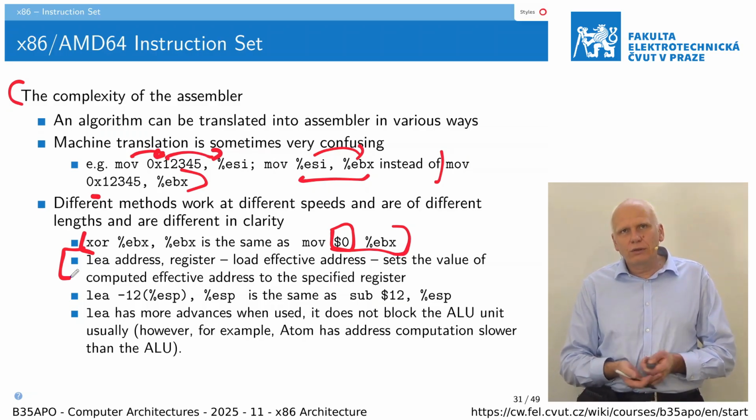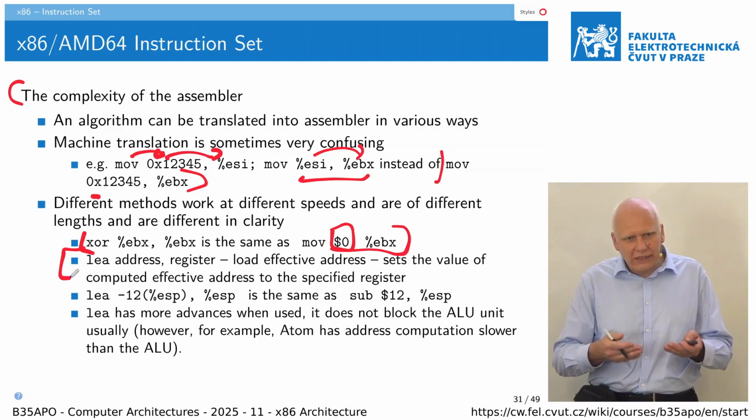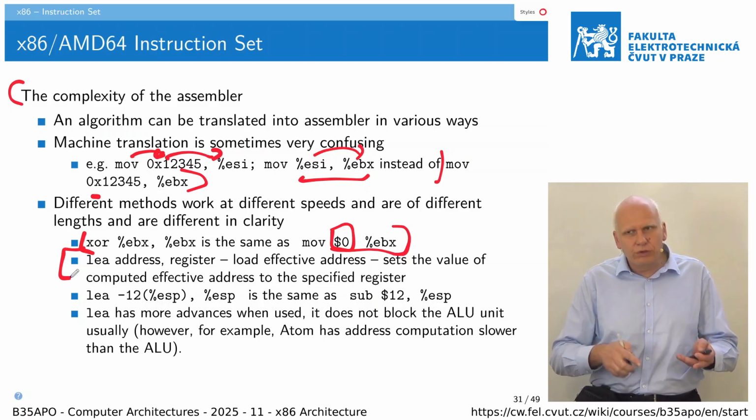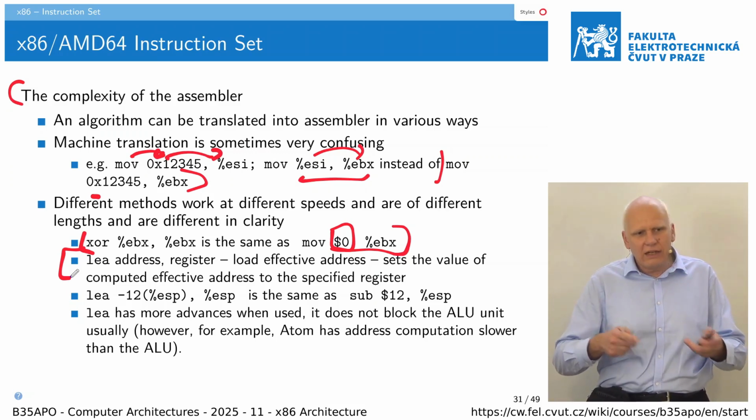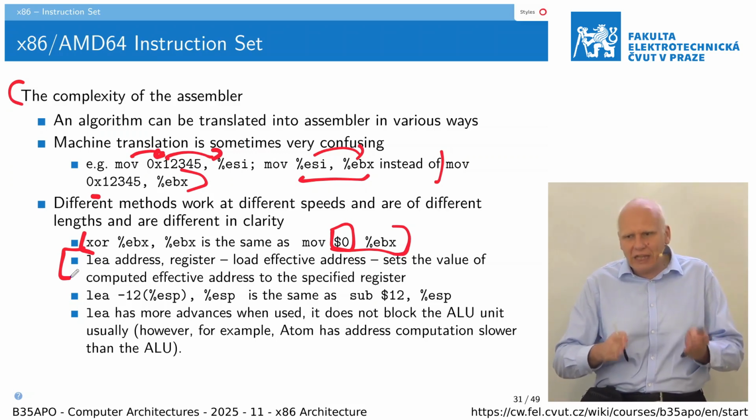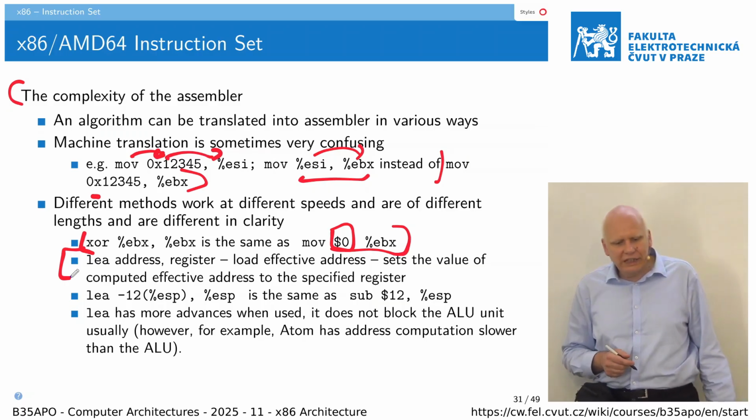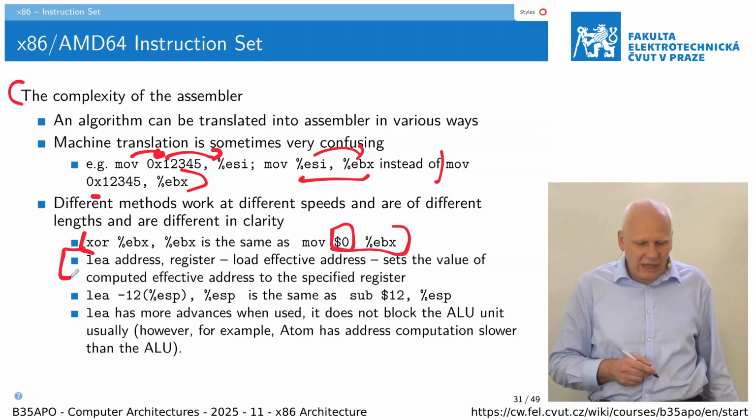If you want to add two values together, but store the result in a third register so that you do not modify any of those input registers, which is sometimes the case when you want to reuse those values later, then you do not have the 3-operand addition.